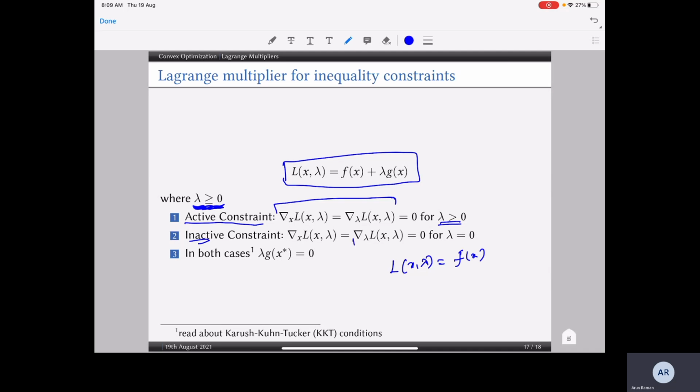So when we take a derivative with respect to lambda, it is trivially true because L does not have a lambda parameter in it. Or we can say that it has lambda, but lambda is equal to 0, and we need the gradient of L with respect to x to be 0 because of this condition.